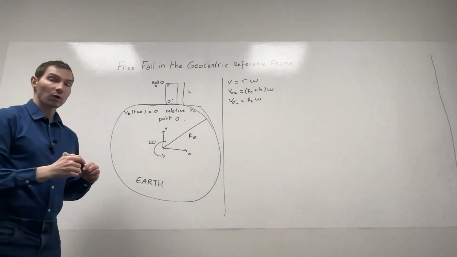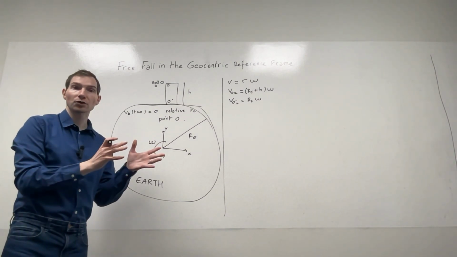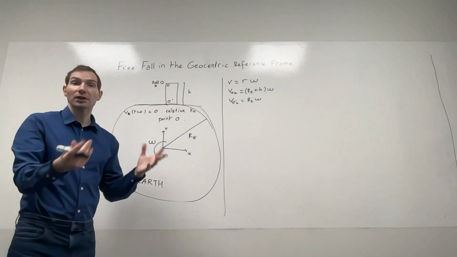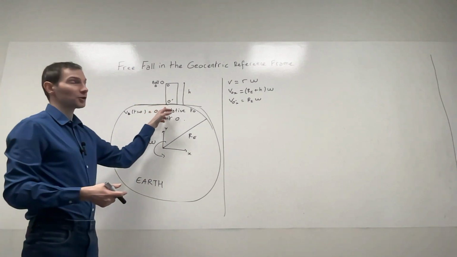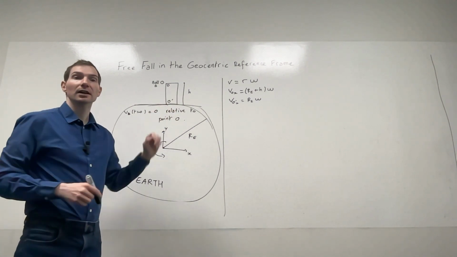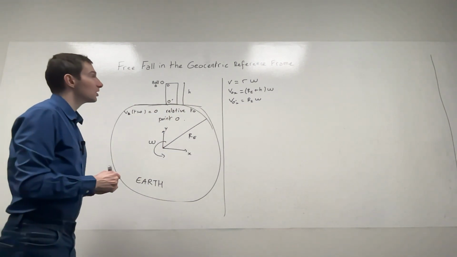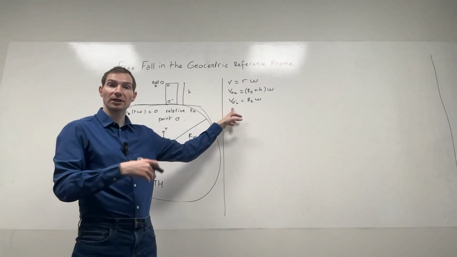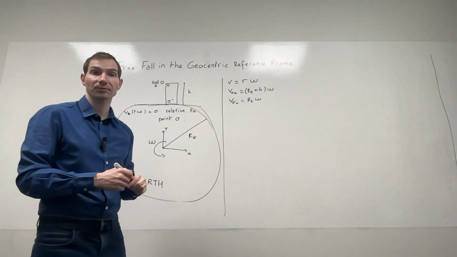Okay? So we want to know the trajectory of the ball relative to O prime, because we want to know where the ball is actually landing on the ground. So we are going to look at things from the point of view of O prime.